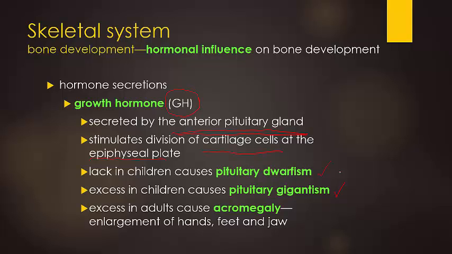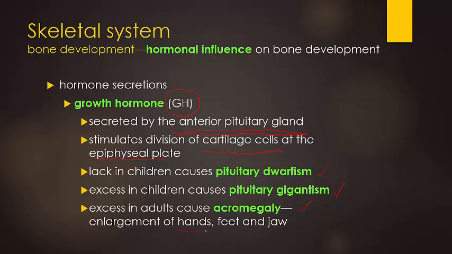And then in adults, if this pituitary secretion of growth hormone to the excess occurs after the closure of the epiphysis, that growth plate, so after growth plate closure is finished, then it produces a condition known as acromegaly, where even though the long bones can't continue growing, some other parts of the body will.